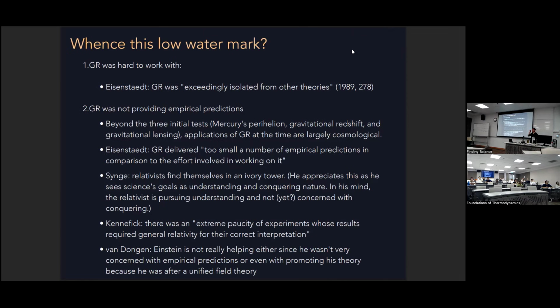Okay, and then another smaller reason that I want to highlight from Van Dongen is that Einstein isn't actually helping very much with this whole story. You might think that maybe Einstein can encourage relativists and develop out the community. But actually, he's pretty concerned with trying to find a unified field theory. So he's not really in the business of promoting GR and encouraging folks to work on it during this time period.